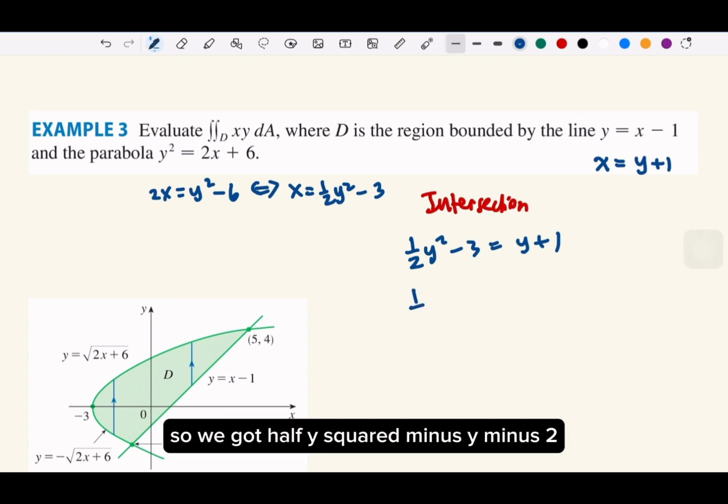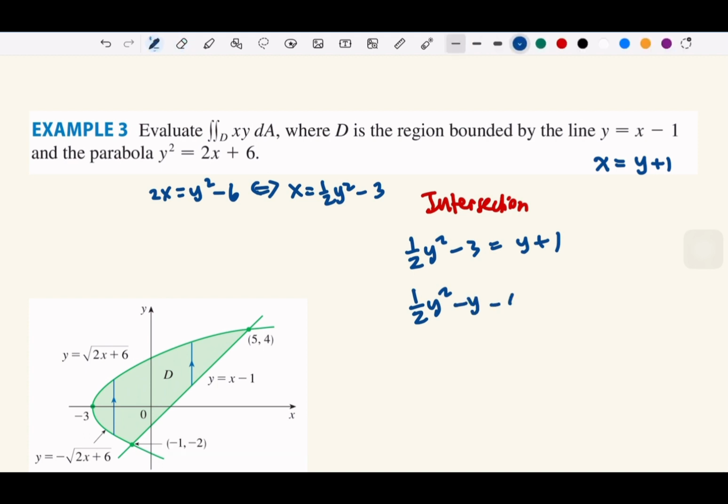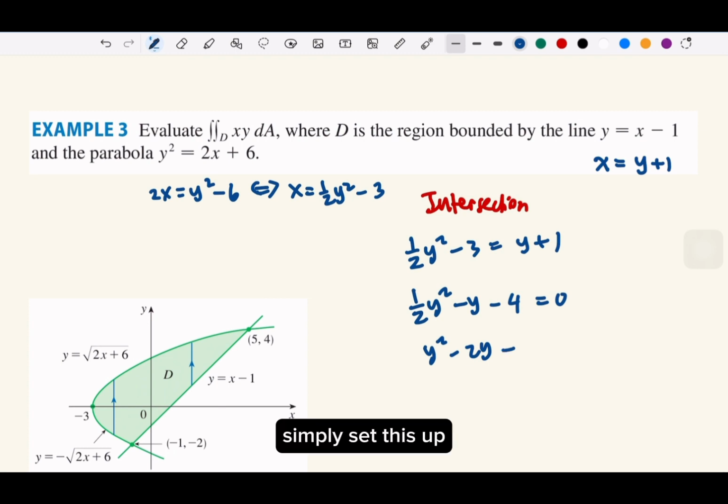So we get half y squared minus y minus 4 equals 0, and we can simply set this up.